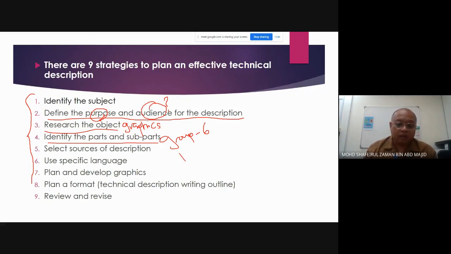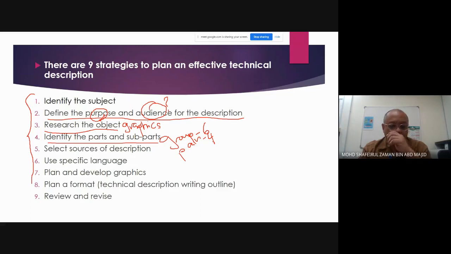If it is a pair work, you're going to look at four main parts or subparts. It means that each presenter in the group or in pairs is going to explain about two main parts or subparts. So you need to identify it.